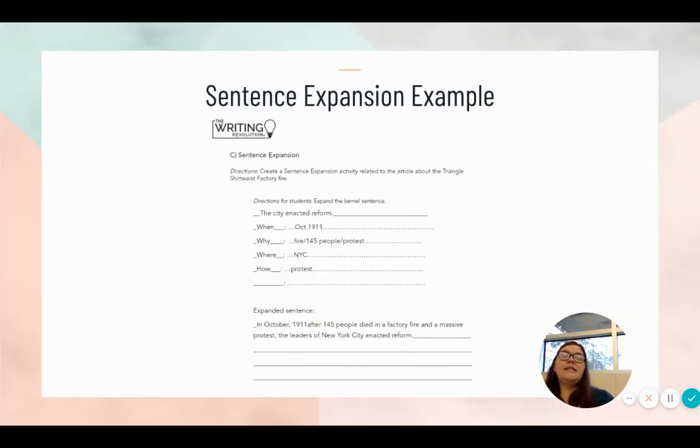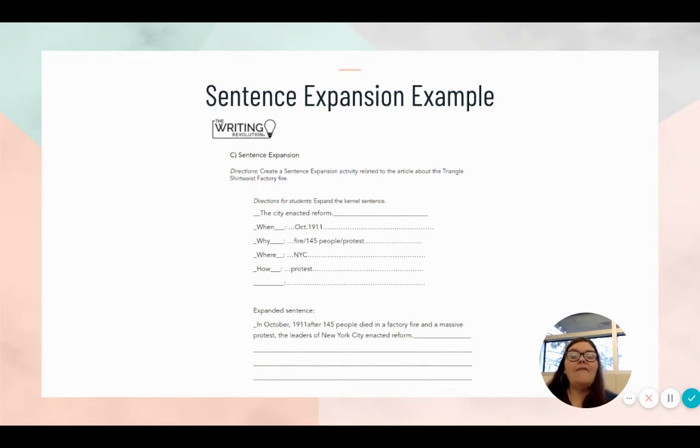So here is a sentence expansion example, an anticipated response. So let's say my students were reading an article about the Triangle Shirtwaist Factory fire, and I wanted to give them a kernel sentence, and I wanted to give them some question words, and I wanted them to create an expanded sentence for me.